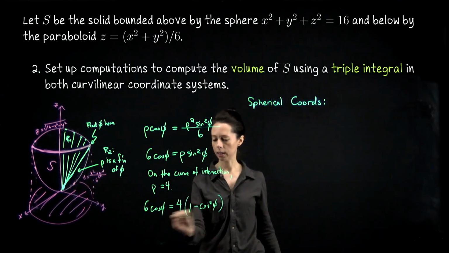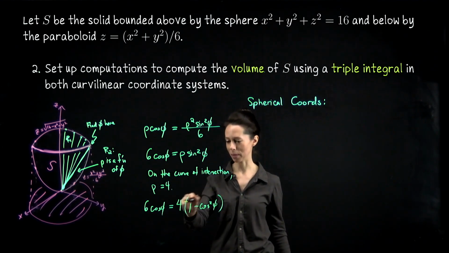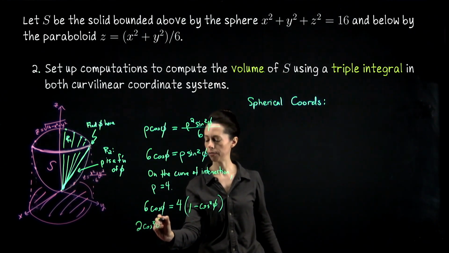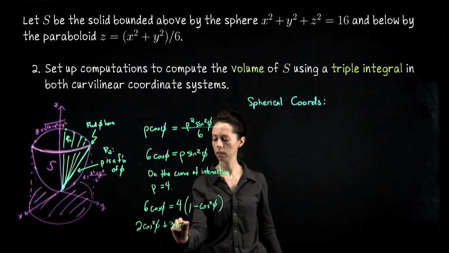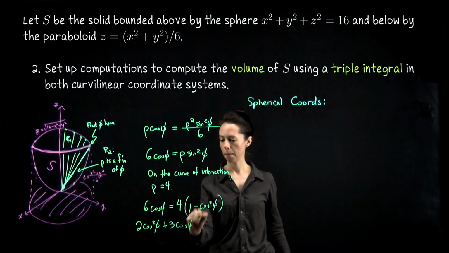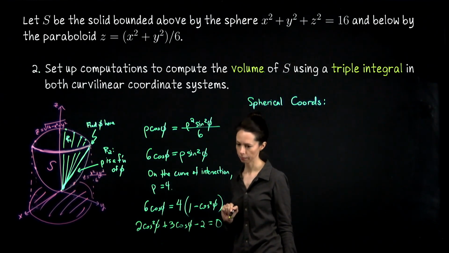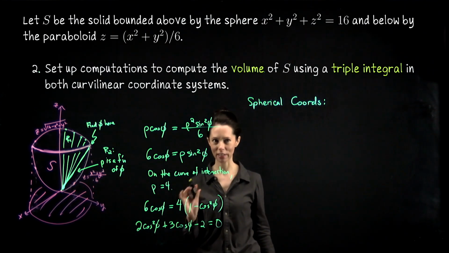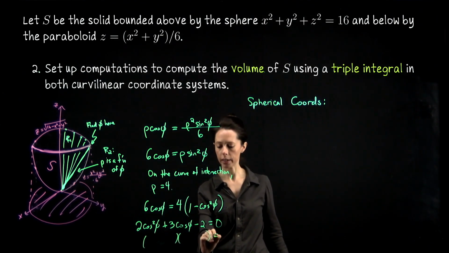So I'm going to try to do something a little dangerous here. I'm going to distribute, bring over, and divide everything by 2 at the same time. So that's going to be 2 cosine squared phi plus 3 cosine phi minus 2 equals 0. You can use the quadratic equation on this. I think it actually factors. Let me just give it one good try at factoring, and if I can't do it, we'll switch to the quadratic equation.